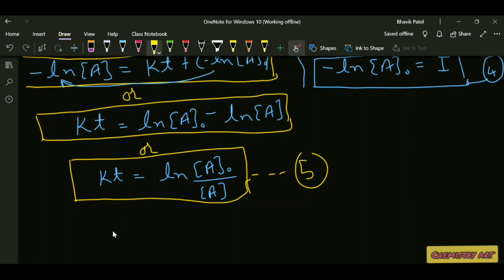Now if we want the value of k, then we can write the equation like this: k is equals to, this t will go in the divide.